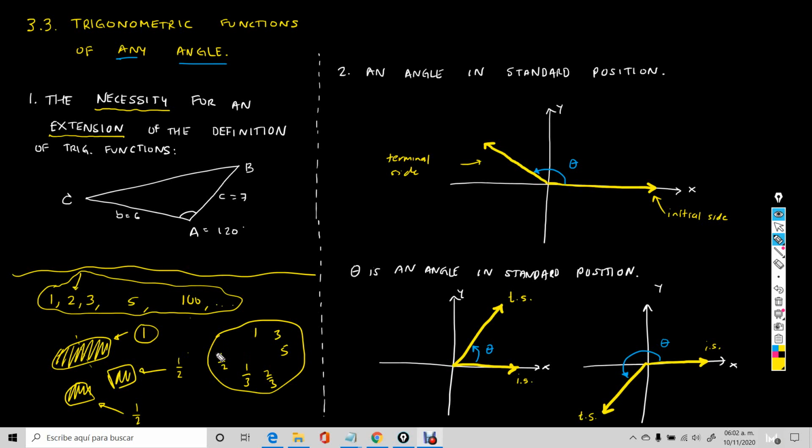So that was a natural extension. You go from this to this, and this is a larger extension that also contains your previous definition of what number was.